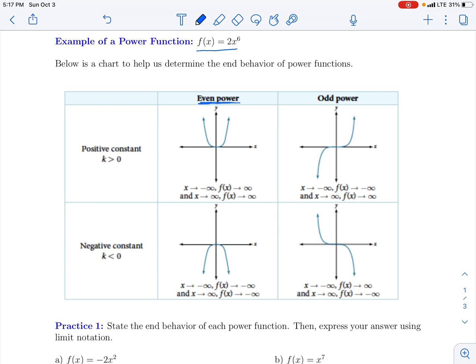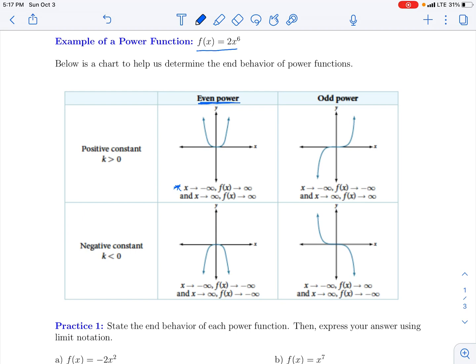The shape of the graph is going to look like an upwards U. Below it gives you the end behavior: as x goes to negative infinity, f of x goes to positive infinity, and as x approaches positive infinity, f of x approaches positive infinity.